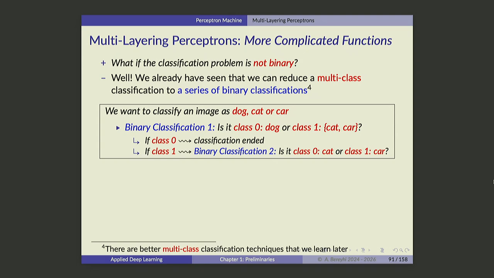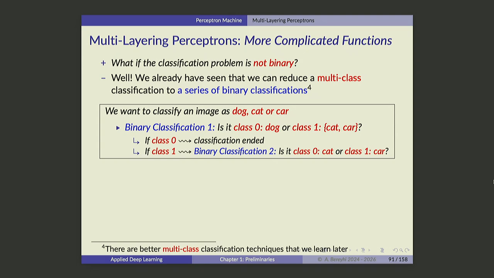Well, we talked about this before. Any other classification problem that you have, you can write it down as a sequence of binary classifications, right? So you would say, okay, a binary classification between the class dog and the other class which contains cat or car, right? If it's classified as dog, then the problem is over. If it's not classified as dog, then it's either cat or car.